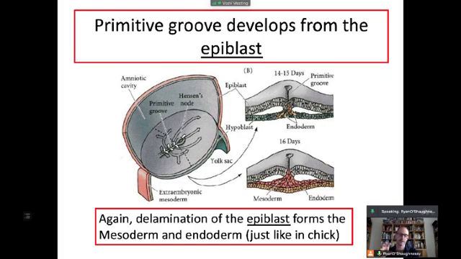So we get different formation of the layers in, say, zebrafish, which is the first flat embryo we looked at, and that requires that involution and moving back underneath the tissue. And then when we get to chick and mouse, we get this delamination that's required as part of the process of gastrulation. So just be aware of the different major forms of cell movement during gastrulation processes.